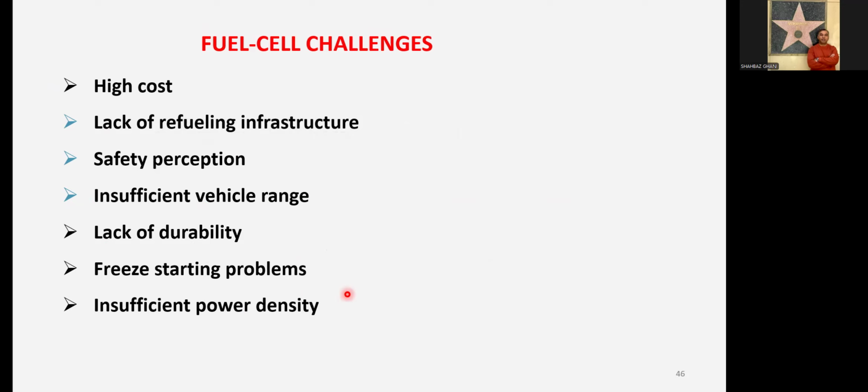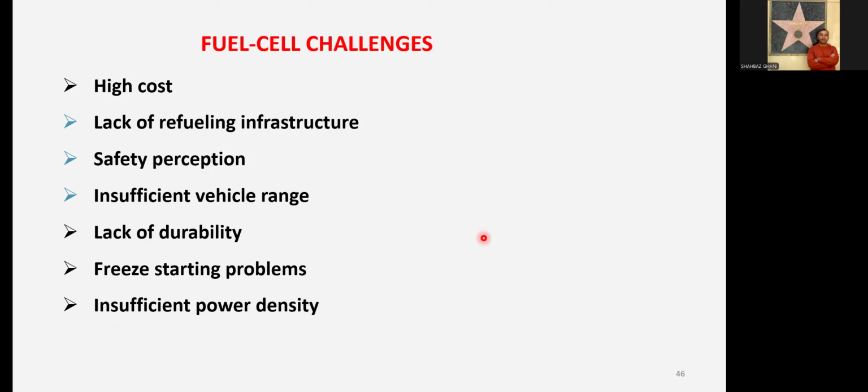Now, some of the challenges which fuel cell technology has: it is new, so it has high cost, lack of refueling infrastructure, safety perceptions, insufficient vehicle range, lack of durability, freezing and starting problems, and insufficient power density.